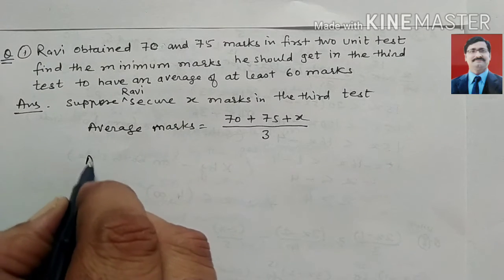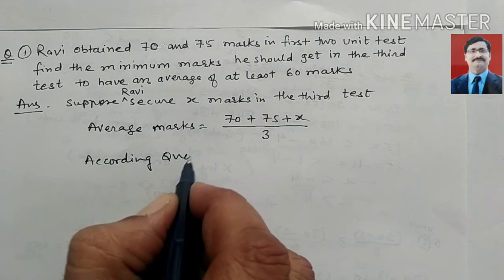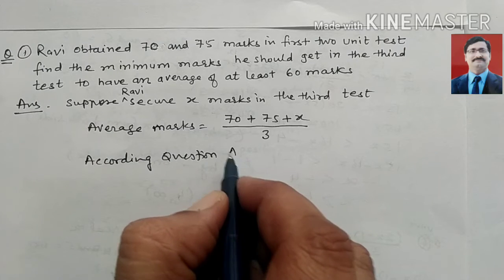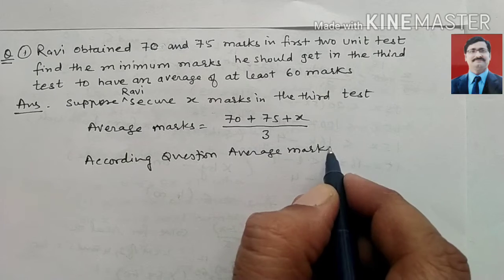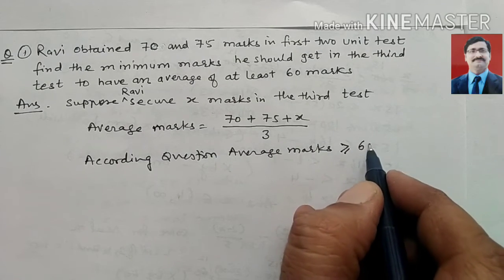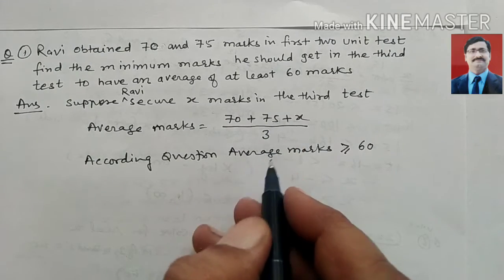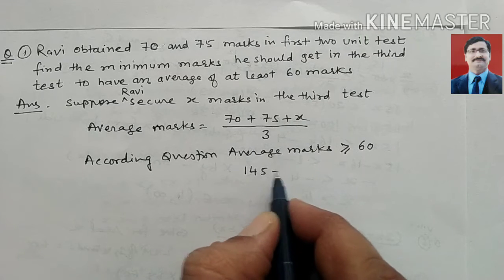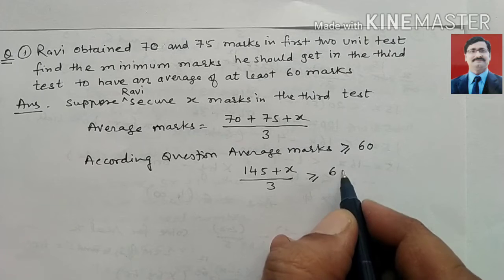And according to the question, the average marks should be at least 60, which means greater than or equal to 60, we can write. So the average marks we can write here: 70 and 75 we can add, 145 plus x upon 3, that is greater than or equal to 60.